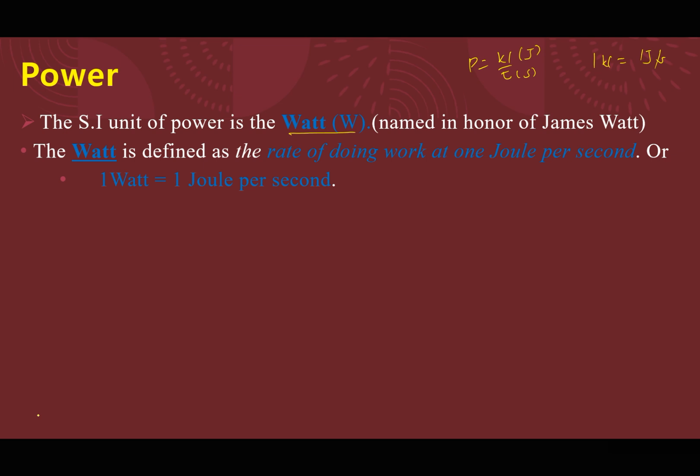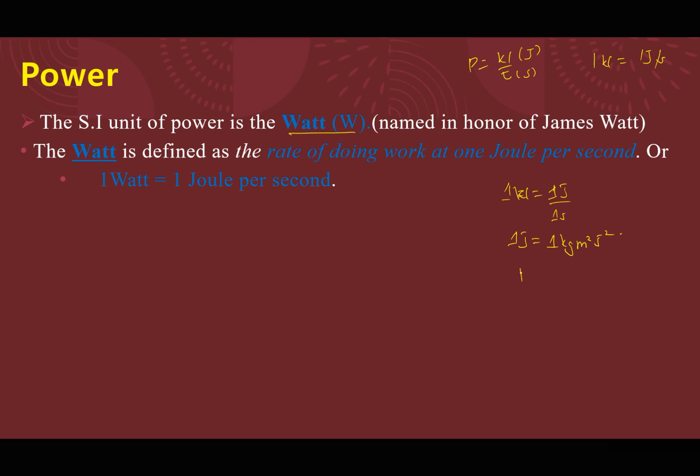We can also write this in SI base units, of course. 1 watt is the same as 1 joule over 1 second. Of course, the second is an SI base unit. But remember, we have already established the units of work in SI base units. So 1 joule is the same as 1 kilogram meter squared per second squared.